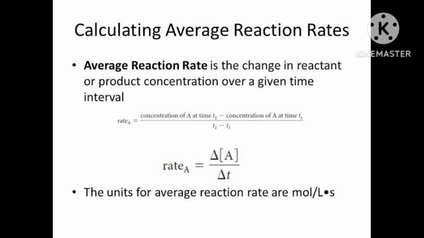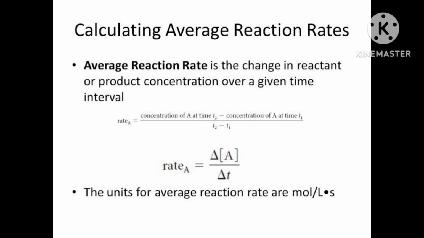But here the main focus is that 2HI is there, so we have to write 1 upon 2. Rate of reaction in terms of HI is equal to half delta [HI] divided by delta t, or d[HI] upon dt. Half you have to write, and a minus sign: minus half delta [HI] upon delta t.